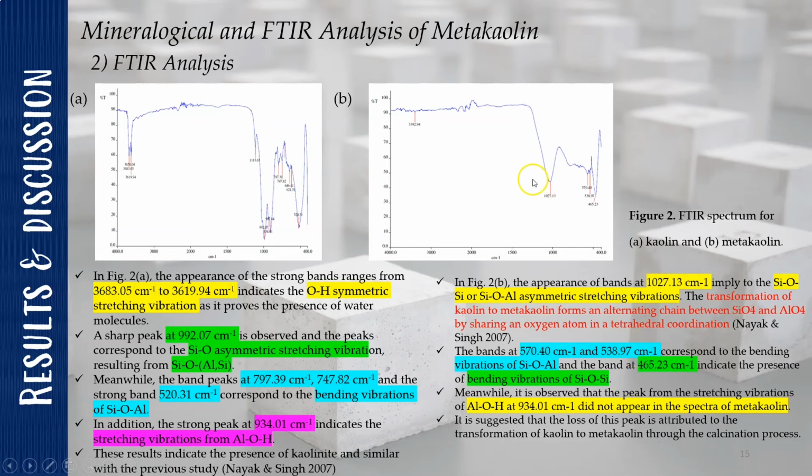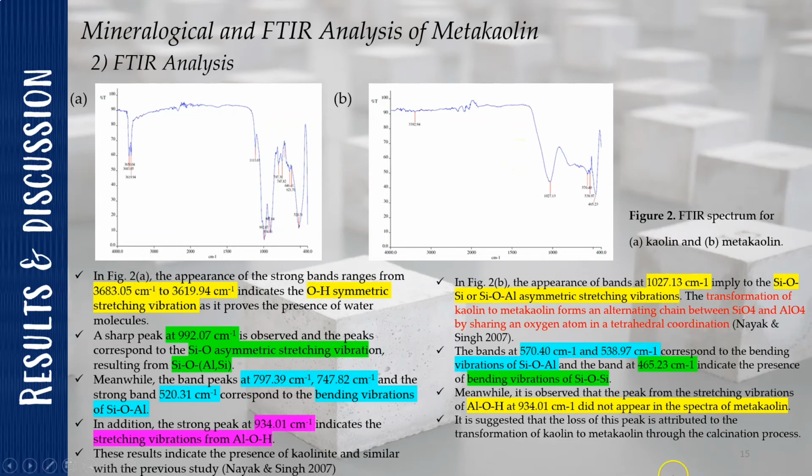Next, the bands at 570.4 per centimeter and 538.97 per centimeter correspond to the bending vibration of the silicon-oxygen-aluminum bond, and the band at 465.23 per centimeter indicates the presence of bending vibrations of the silicon-oxygen-silicon bond.